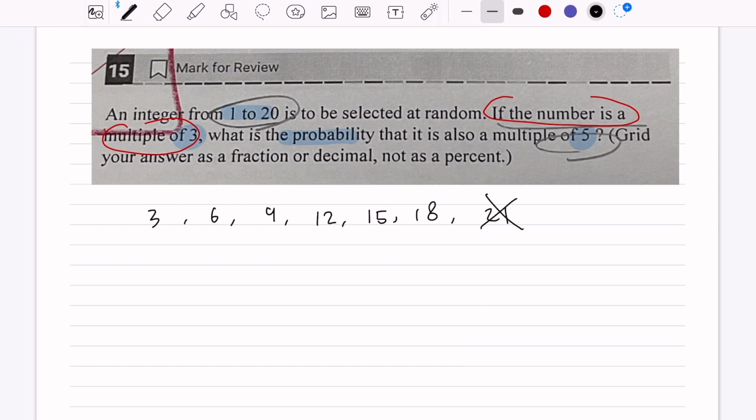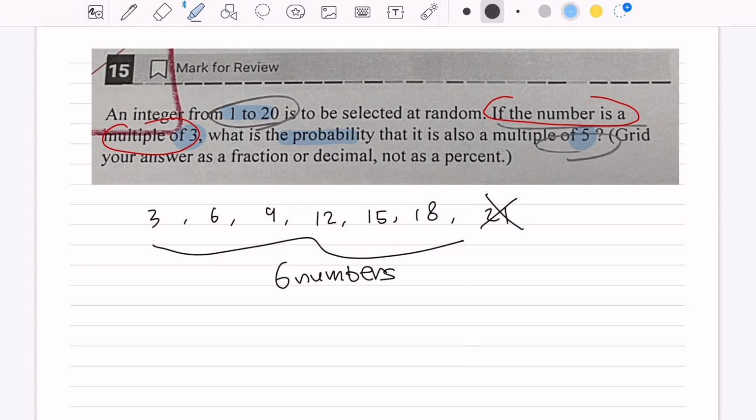So from those 6 numbers, you get the probability of getting 15, which is 1 over 6. So 1 over 6 is the answer.